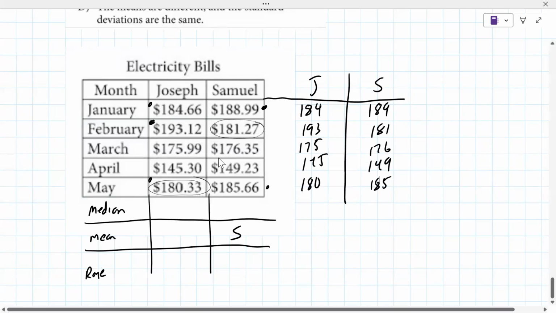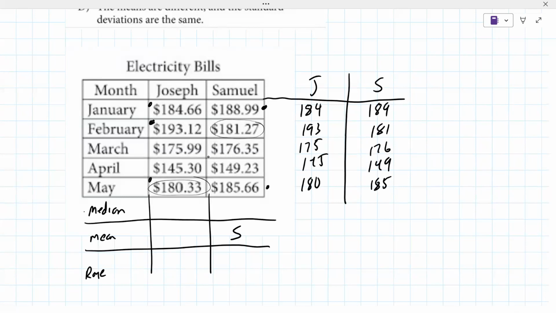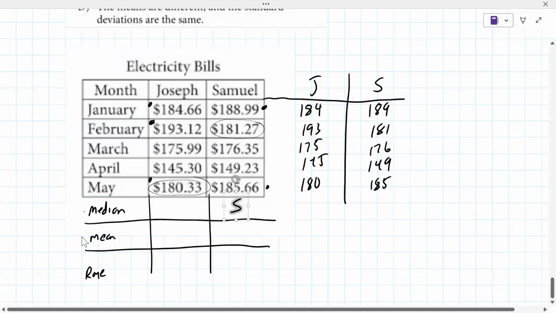How about the range? Let's look at the range next. Geez, I put that in the wrong spot too. How about the range?